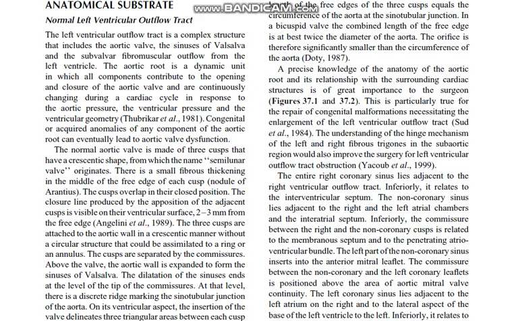The closure line produced by the apposition of the adjacent cusps is visible on their ventricular surface 2-3 mm from the free edge. The three cusps are attached to the aortic wall in a crescentic manner without a circular structure that could be assimilated to a ring or an annulus. The cusps are separated by the commissures.